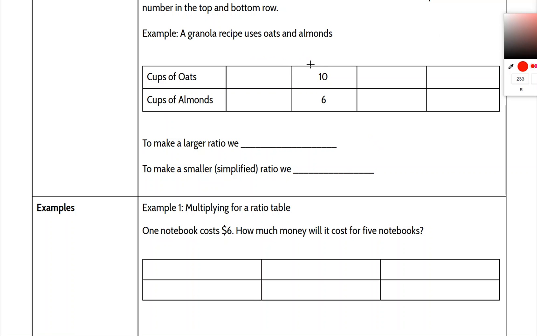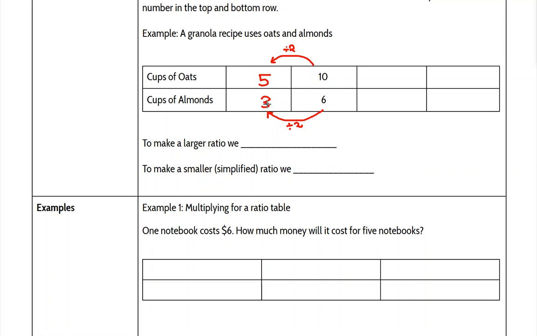I would divide the top and the bottom. So I'm going to take 10 and 6, and I need a number that I can divide them both by evenly. Since they're both even numbers, 10 and 6 can both be divided by 2. So 10 divided by 2 would give me 5. And then 6 divided by 2 gives me 3.